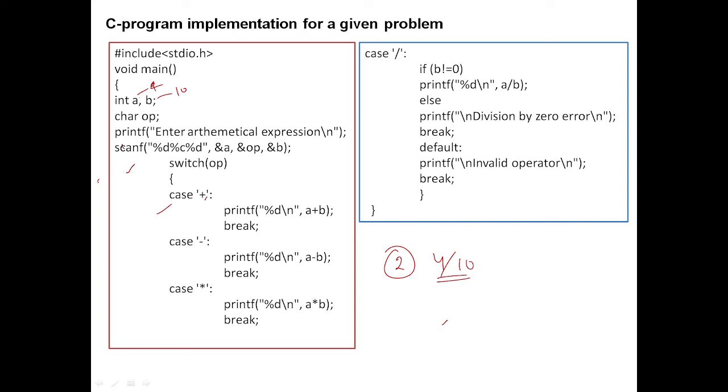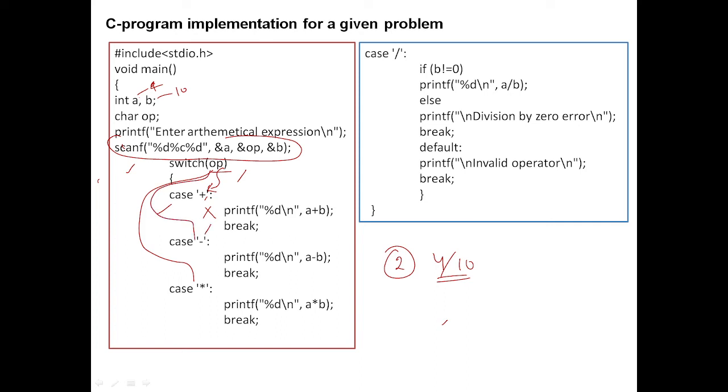This is done by using the scanf statement, right? And next, OP will store the divide symbol. So first, what happens? The OP is matched with plus. Since this is not matching, this case will be skipped, and then OP is matched with the second case.